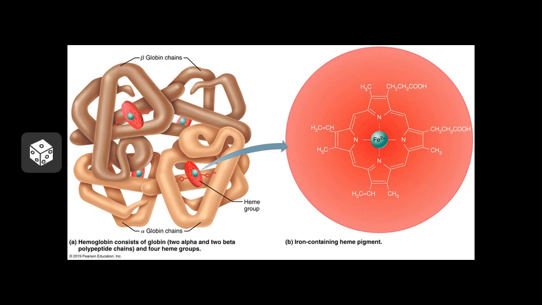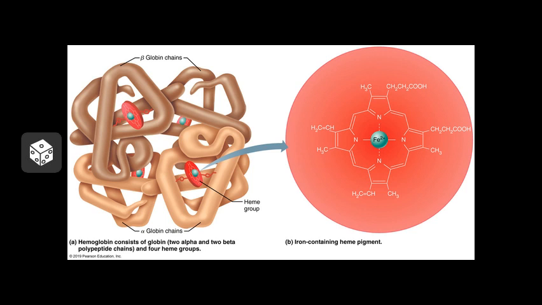There's no nucleus. So what is in a red blood cell? Well, absolutely no organelles, no mitochondria, nothing like that. There is cytosol, intracellular fluid, and they are full of proteins, and that protein is hemoglobin.